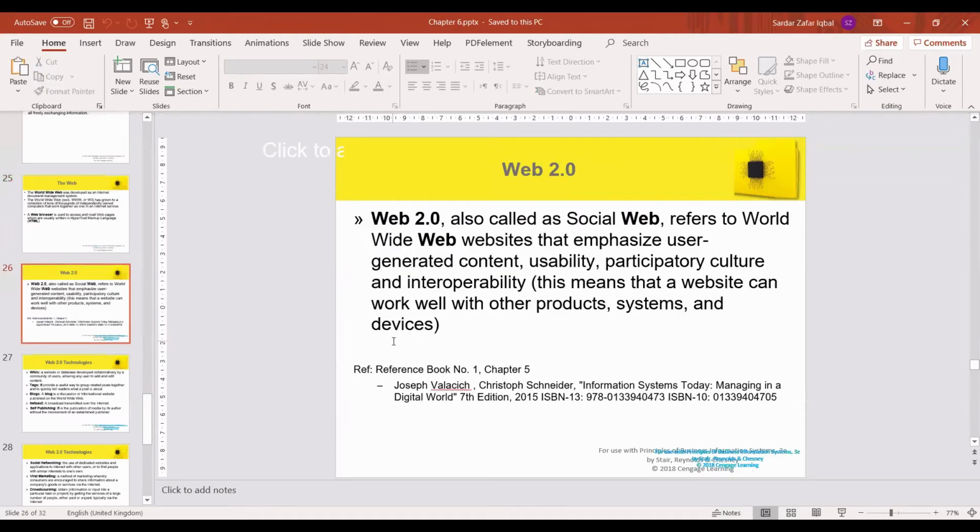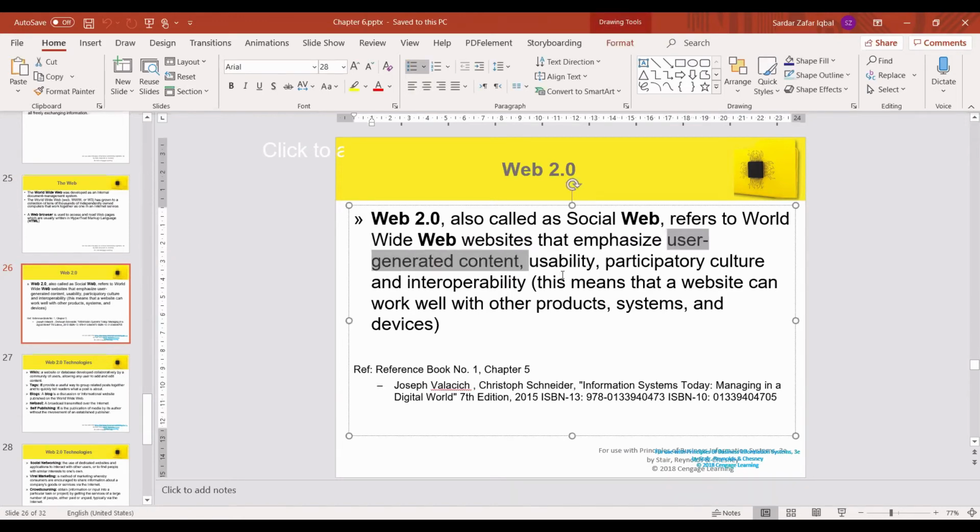Okay, some more concepts about the web. There's one concept, Web 2.0. Web 2.0, also called the social web, refers to World Wide Web websites that emphasize user-generated content, usability, participatory culture, and interoperability. This means that a website can work well with other products, systems, and devices.